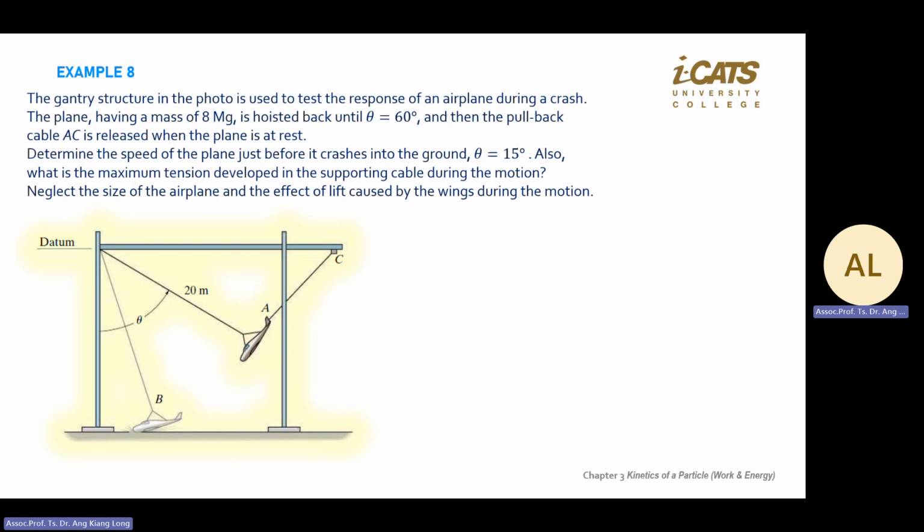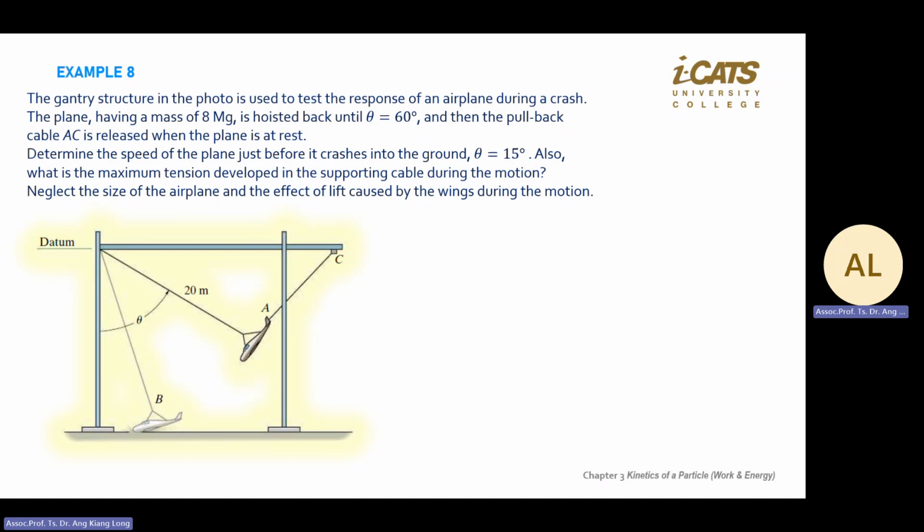So even if you're given the angle here, you just see it as XY components. And the datum is given. So basically, this question falls under conservation of energy, work and energy.